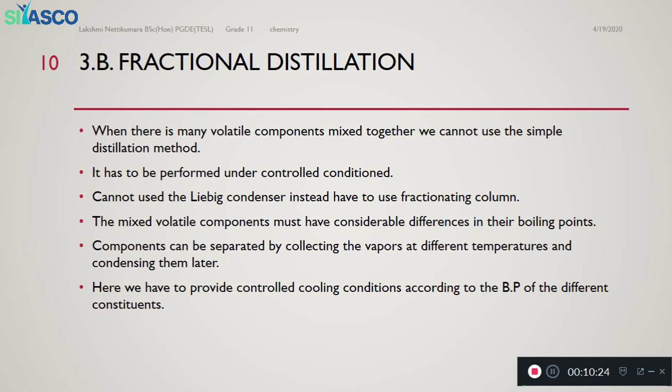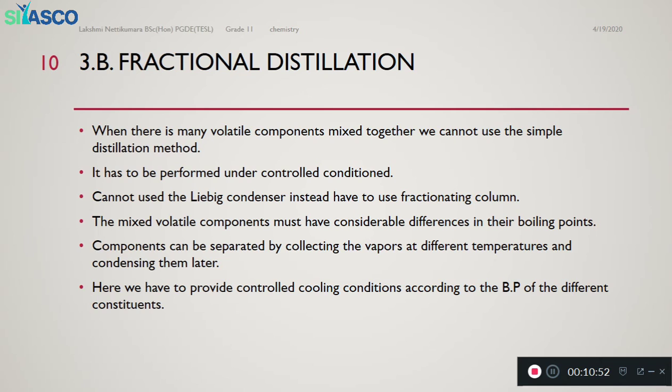Here also, when many volatile components are mixed together, we cannot use the simple distillation method. In simple distillation, we do not control the boiling points of the other components. Here we have to control the boiling points of the constituents, so we cannot use the simple Liebig condenser only. We have to use a fractionating column.